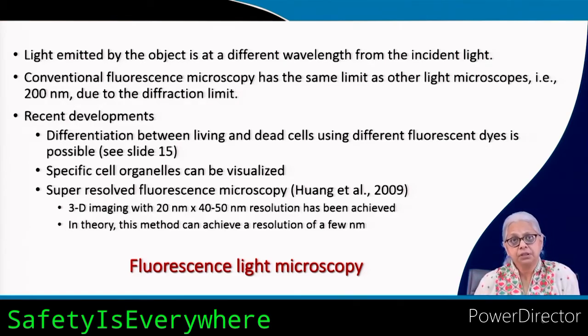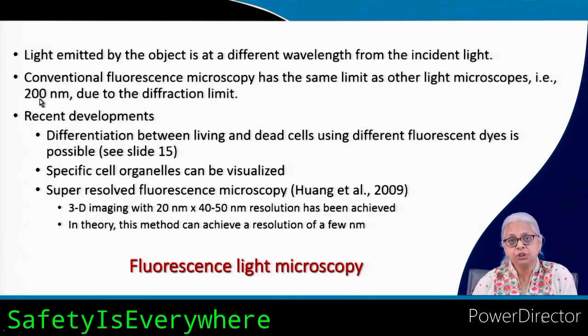So I think I mentioned in my introductory lecture that super resolved fluorescence microscopy was given a Nobel Prize, I think in 2014. And one of the reasons is that super resolved fluorescence microscopy has allowed us to image certain structures within the cells, resulting in 3D images where the resolution has gone down by 10 times.